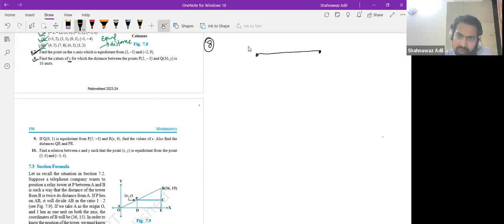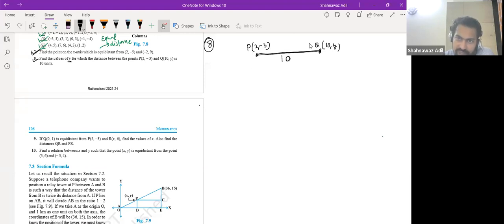This is P, which is (2, -3), and Q, which is (10, y). The distance between these two points is given as 10 units, right? So this is 10.